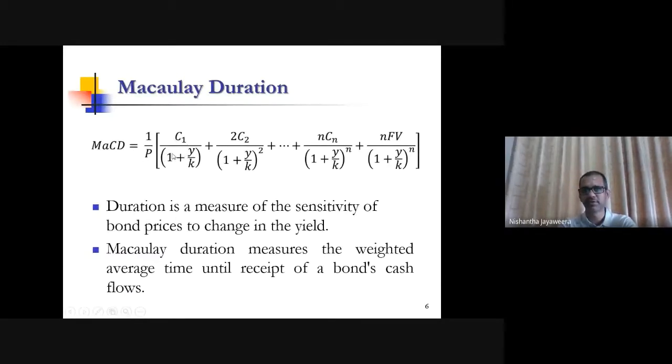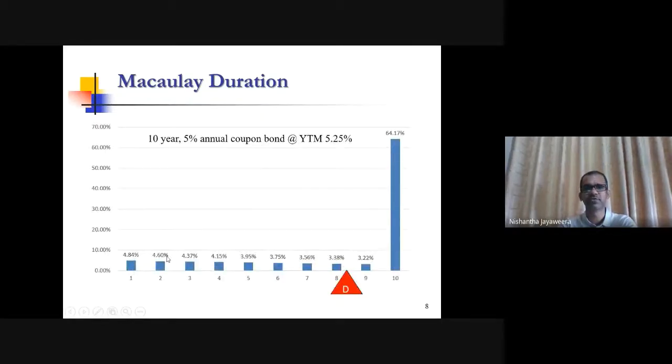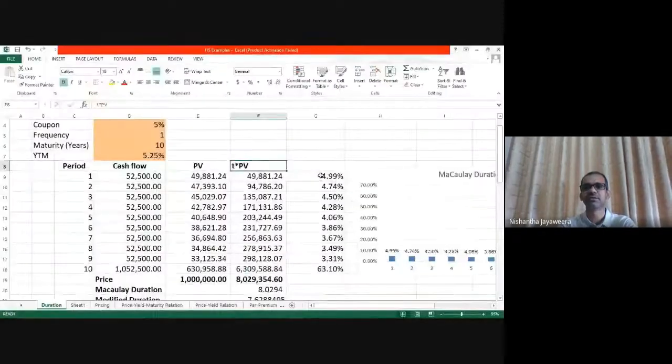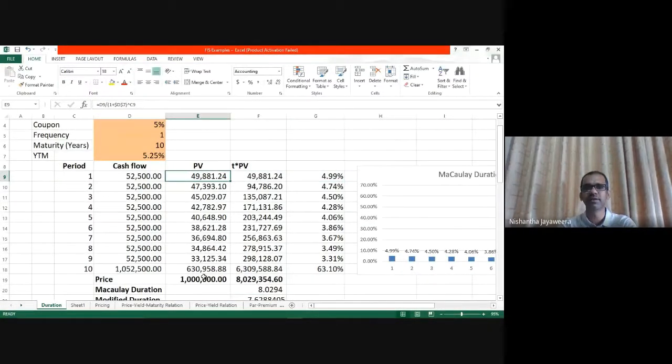Did you get it? So in this graph, these are the weights: 4.84, 4.6, 4.3, 4.15. These are the weights because in Excel you can see this present value divided by price.